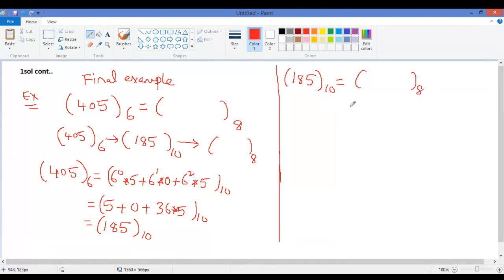How do you do it? 149, you have to divide it by 8. 8 ones are 8. I'll just use another color. Okay. 8 ones are 8. 8 twos are 16. Correct? 17, 18 to carry. 8 threes are 24. So remainder is 1.